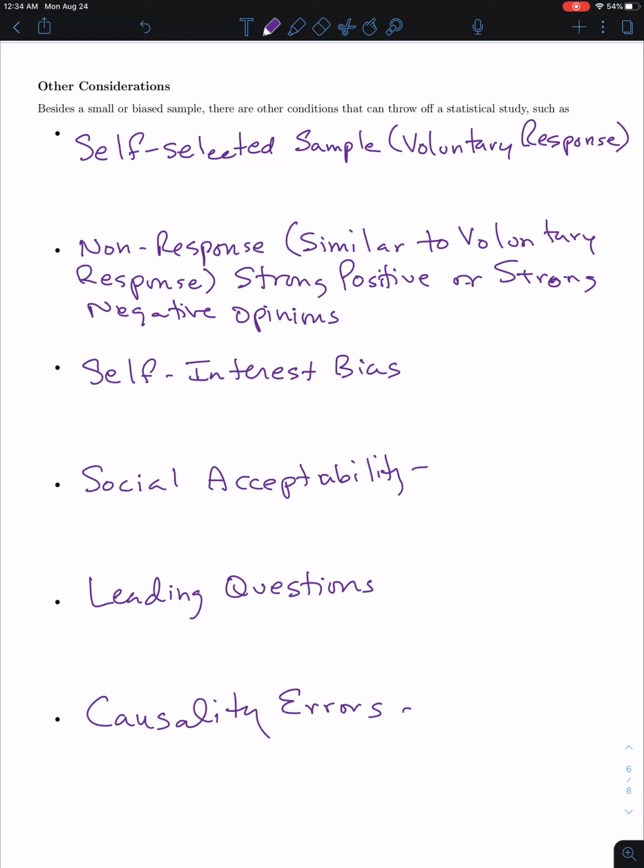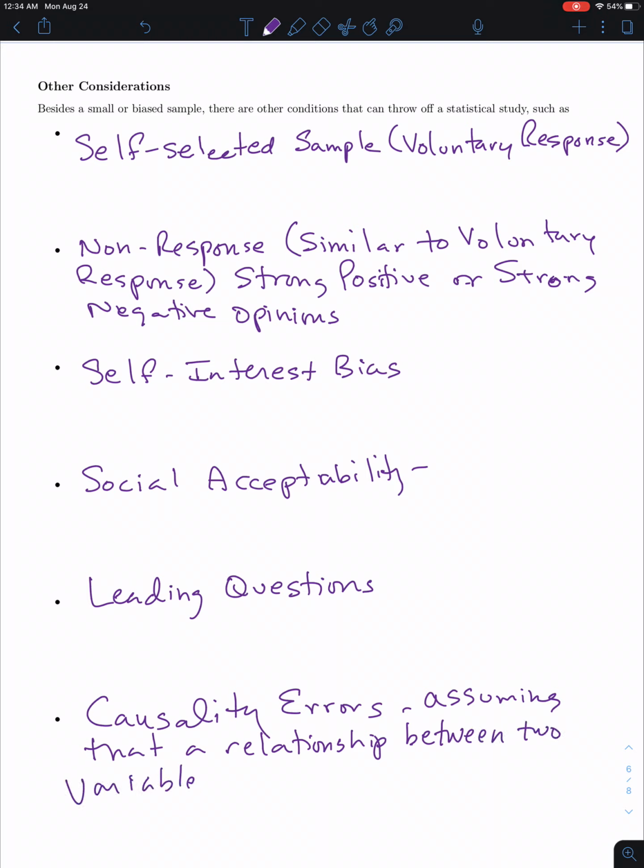Let me write that down so you can see it: assuming that a relationship between two variables means that one causes the other.